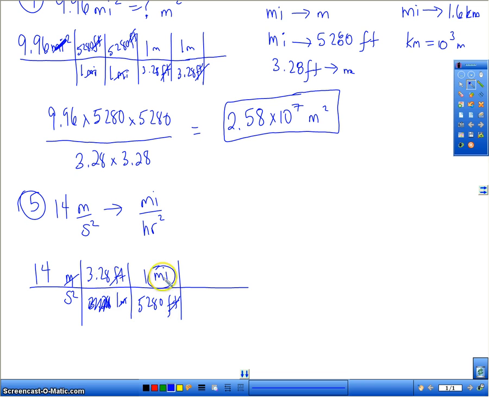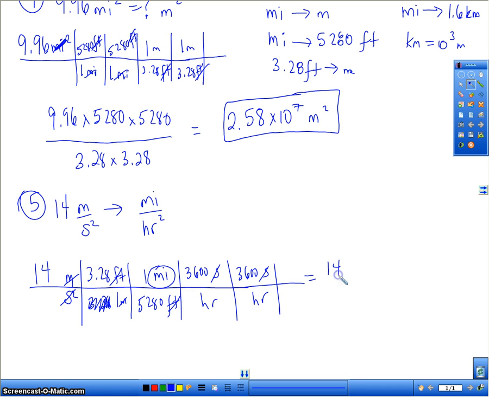So if I multiplied that out, I'd be in miles per second squared. The last thing I need to do is the seconds to hours. There are 3,600 seconds in 1 hour. And I need to do that twice because there's seconds squared. So 3,600 seconds in 1 hour. So the seconds cancel, both of them, leaving me with hours squared on the bottom. And I'm going to multiply this out.